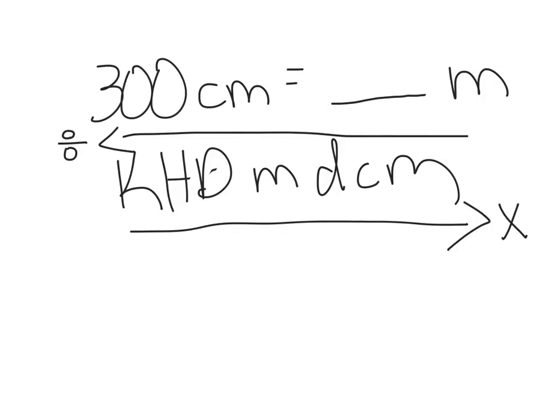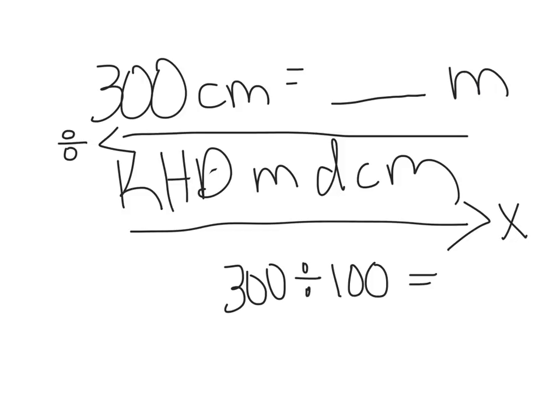Okay, so I need to know which direction I'm moving. I start at centimeters, and I'm moving to meters. So in this case, I'm going to divide. I started with 300 centimeters. I'm going to divide by how many times do I move? Let's see, 1, 2, which means I'll have a 1 with 2 zeros behind it, or 100.